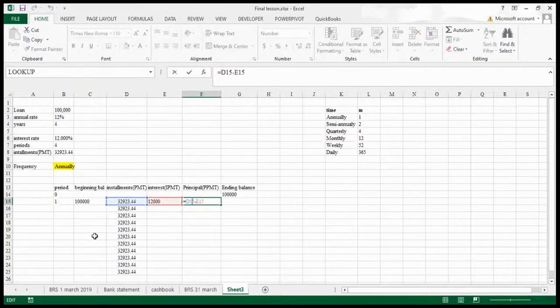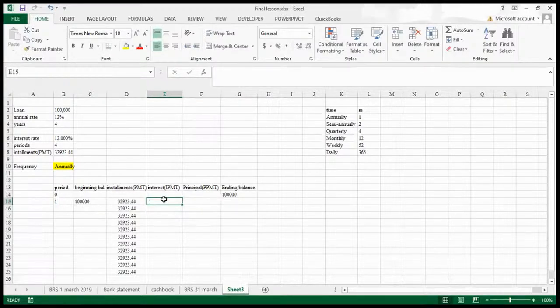And I have said these two methods are manual methods. Let's use IPMT. So equal to IPMT. When I click my tab button, it needs the rate. What is this rate?